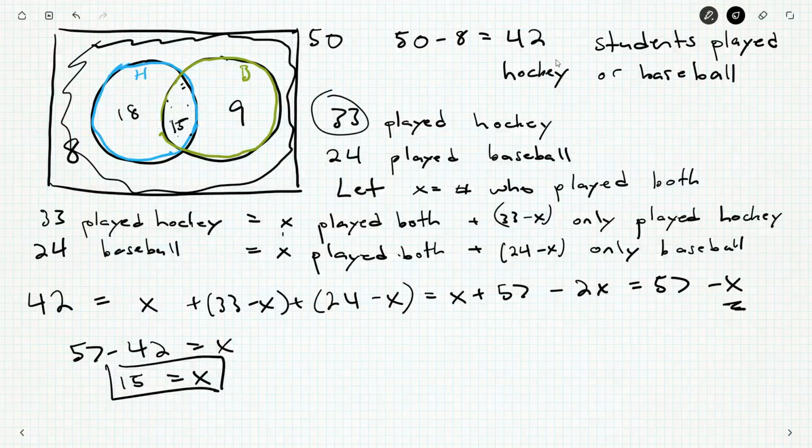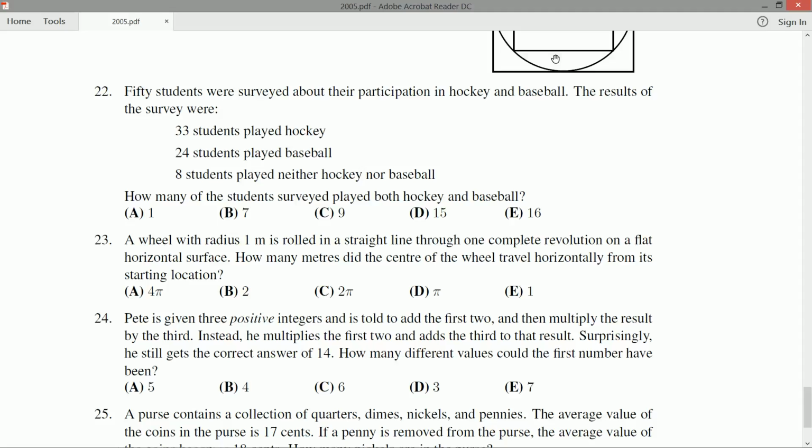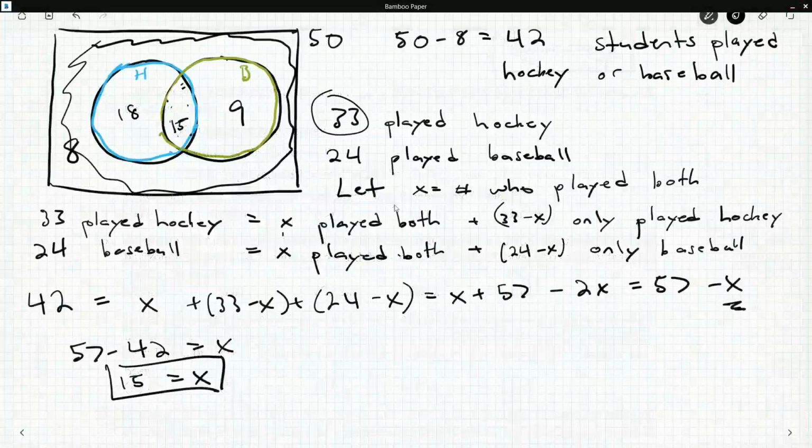And the total inside the blue circle has to be 33. And we can even check: 8 plus 18 is 26, plus 15 is 41, plus 9 is the total 50. So all students have been accounted for exactly once. And that's just a little extra stuff we can do to fill in the Venn diagram. What we really want is the 15, the number of students who played both hockey and baseball.